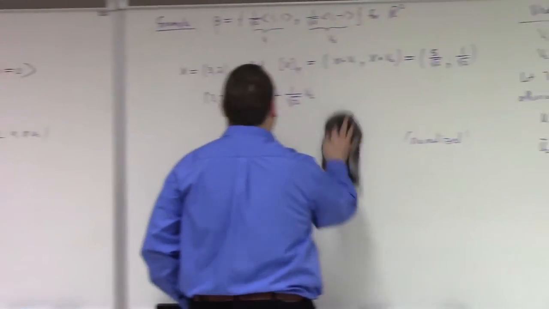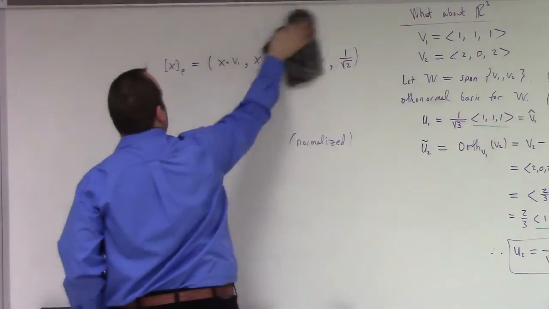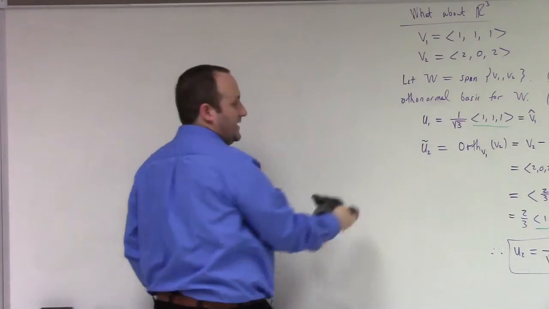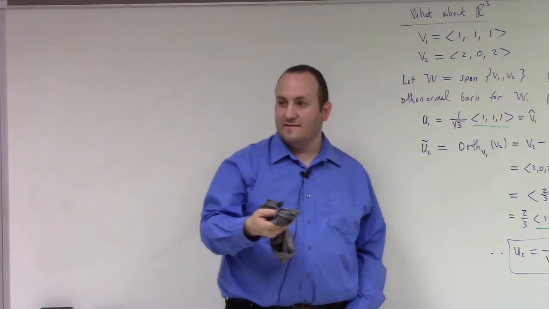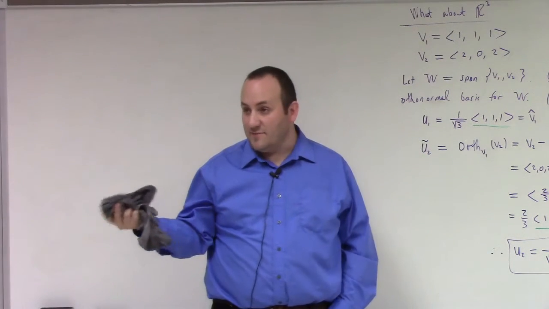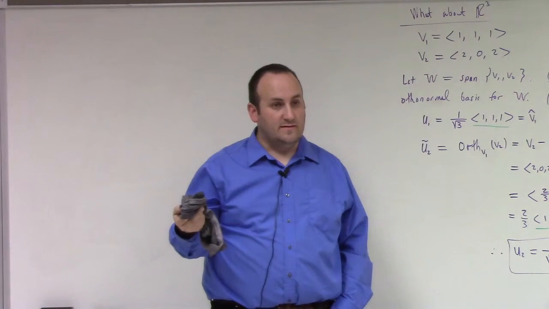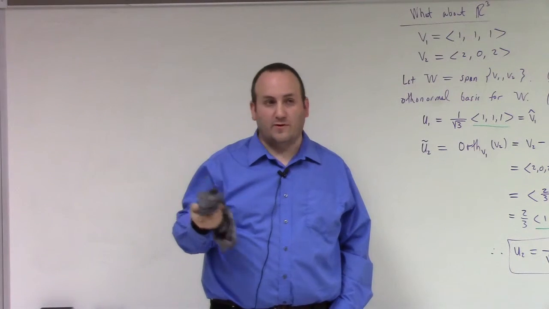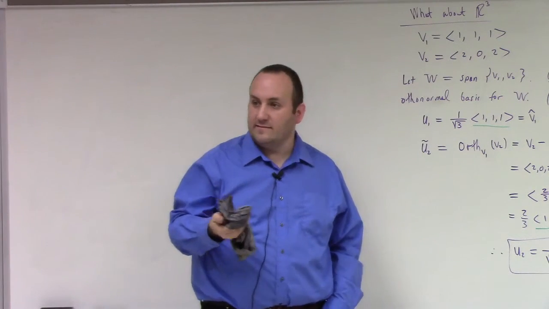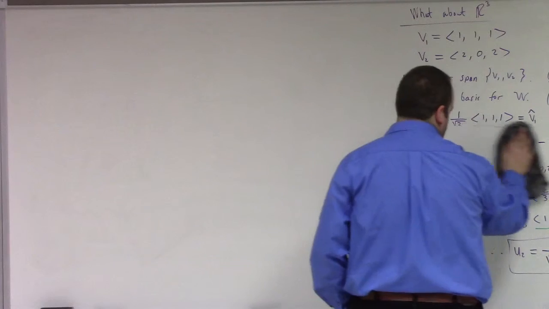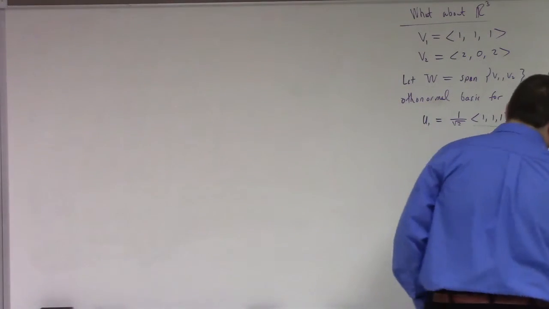Okay, so that gives us wonderful theorems. For example, given an inner product space, in fact, given any subspace of an inner product space, there exists an orthonormal basis. Why? Well, take a basis for your subspace.